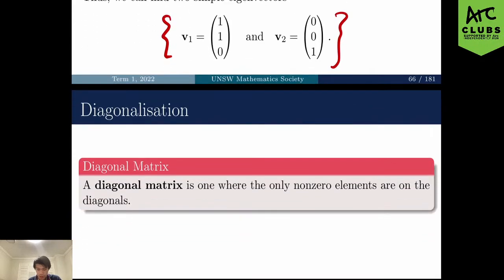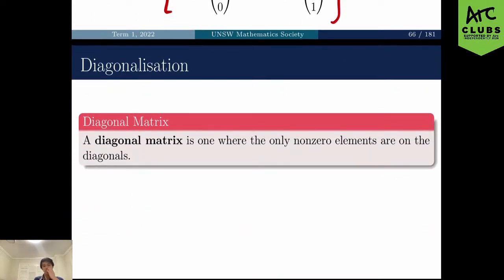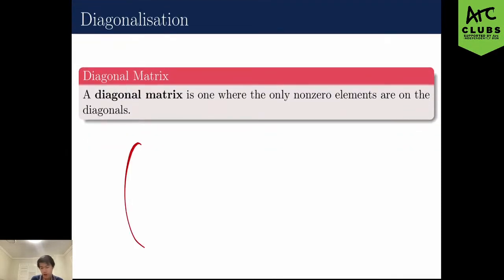Okay, so now we want to talk about diagonalization, and diagonalization is all about diagonal matrices. A diagonal matrix is one where you have zeros basically everywhere, except for these diagonals.